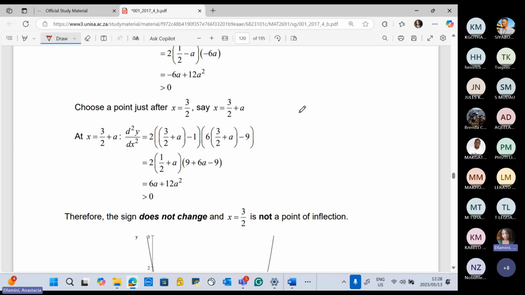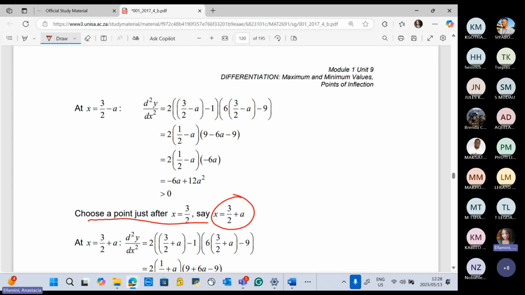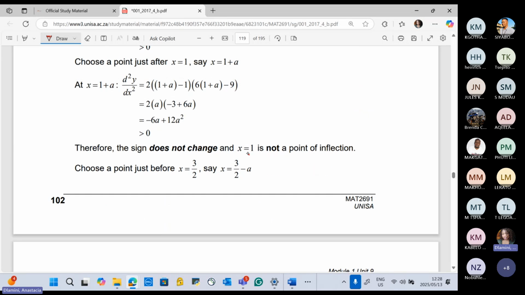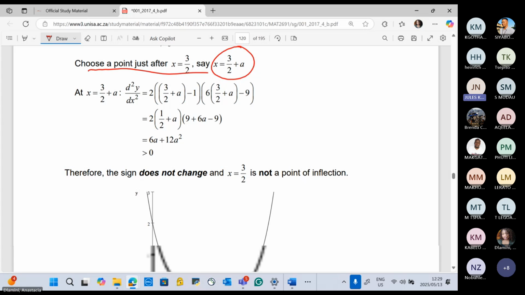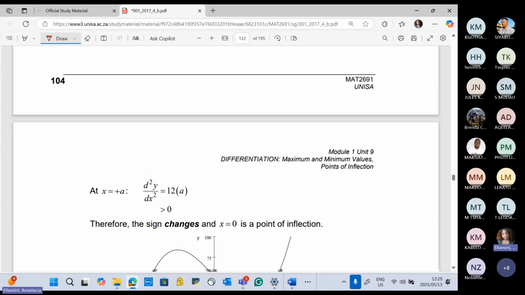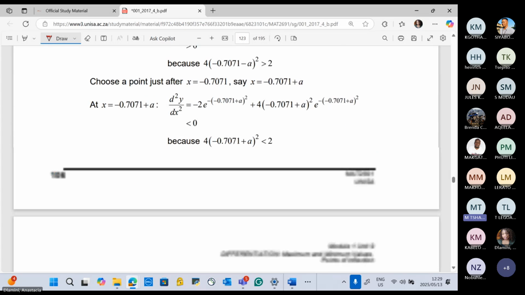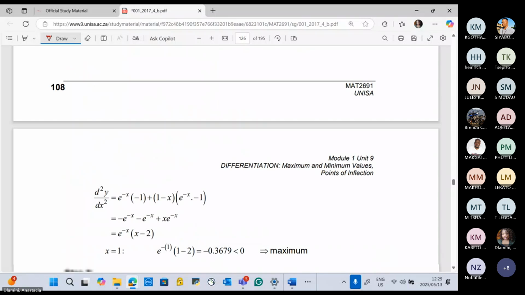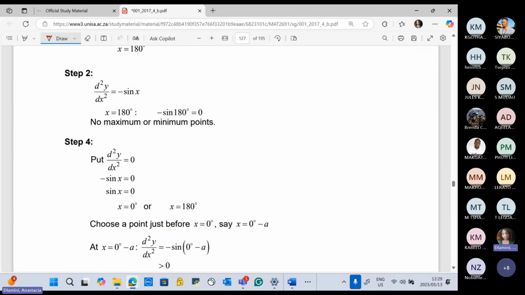Even in the example, choosing a point before, they just generalize it. You always do plus A, minus A. Do you see that? Just do plus A. Okay, thank you, ma'am. So that it's not trouble for you as well.